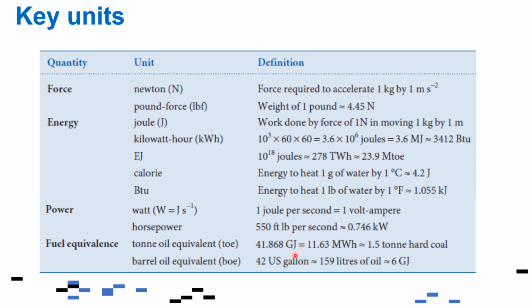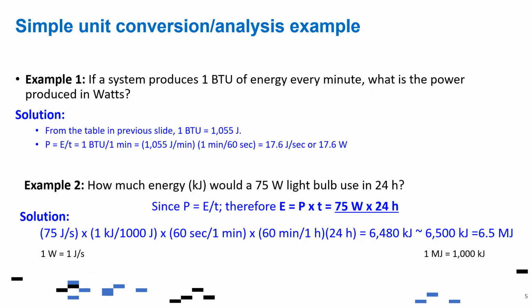Ton oil equivalent is converted to 1.5 ton hard coal. BTU is the energy to heat 1 pound of water by 1 degree Fahrenheit. So the BTU conversion unit is 1.055 kilojoules. So we can have different conversion units for different units of energy, SI unit or English unit.